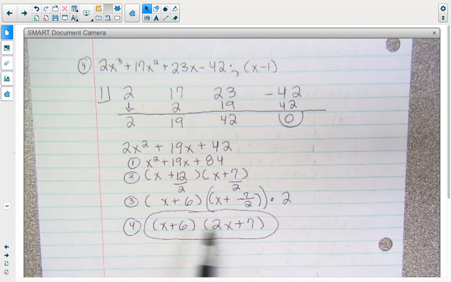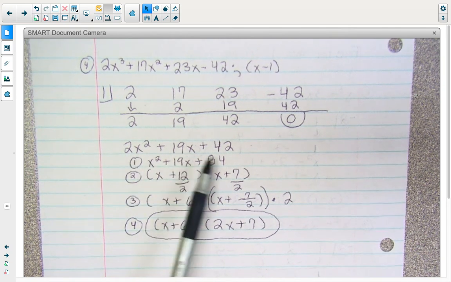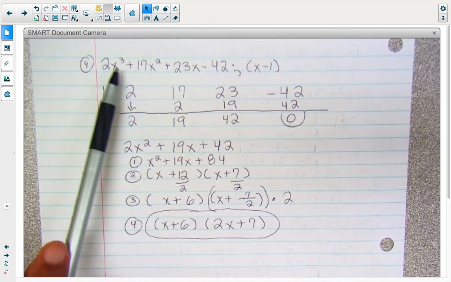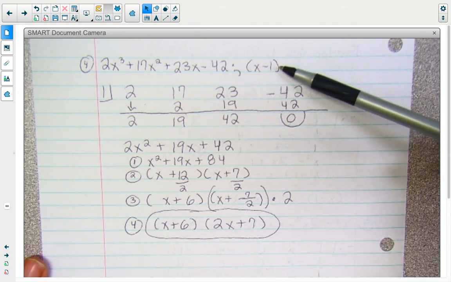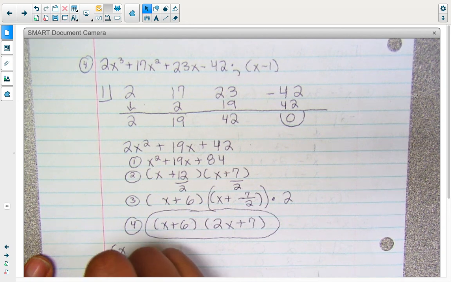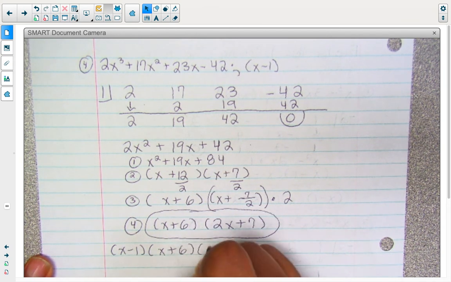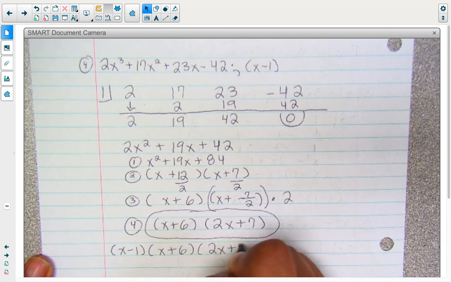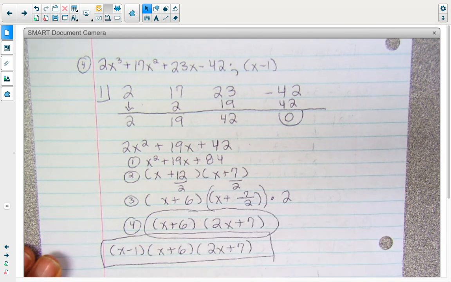Now, that's my answer as far as just factoring 2x squared plus 19x plus 42. But this x to the third means that I got 3 factors, so I need to include this x minus 1. So my answer for the whole problem, my 3 factors are x minus 1, x plus 6, 2x plus 7. So that is my final answer for this entire problem.